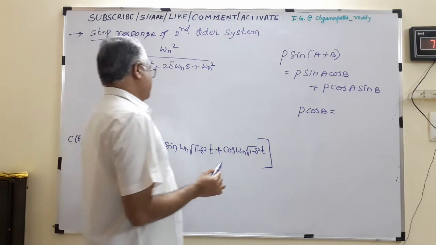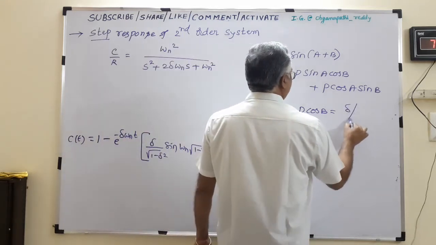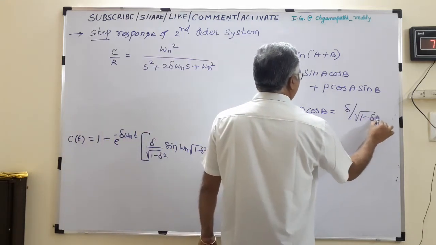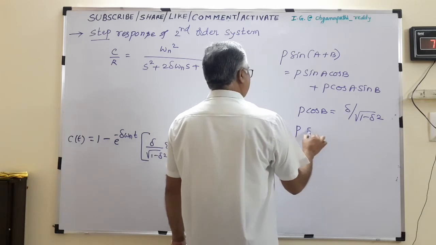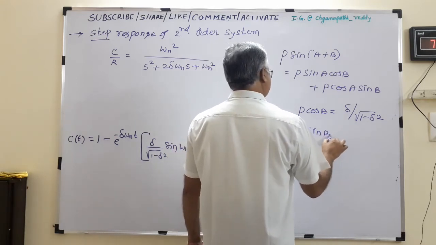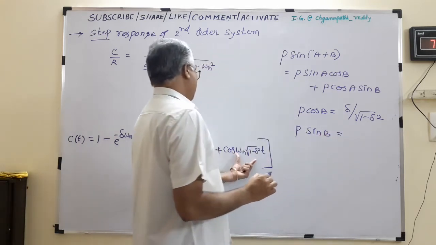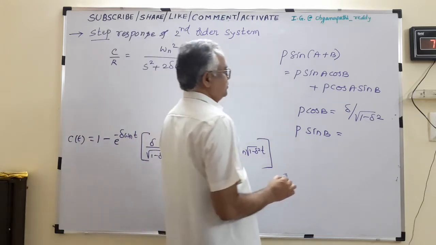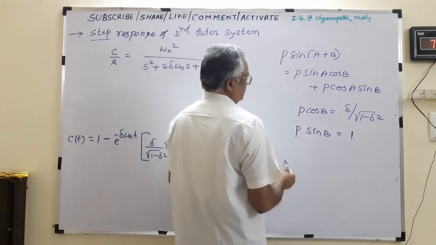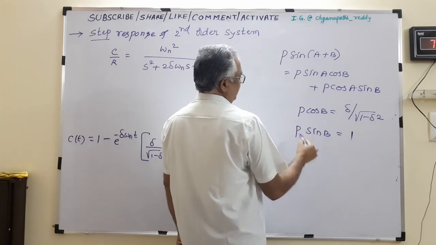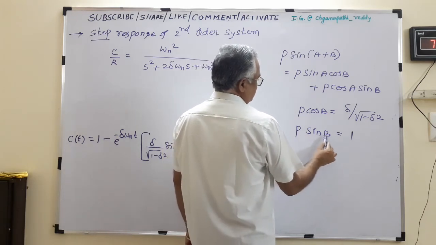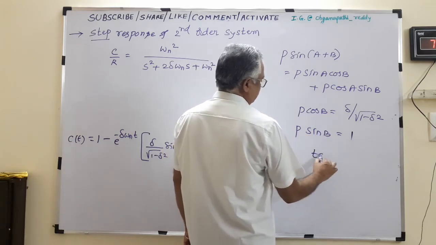P cos B is this. What is P sin B? Cos A coefficient is 1. So if I divide, P cancels, sin b by cos b. So that is tan b.